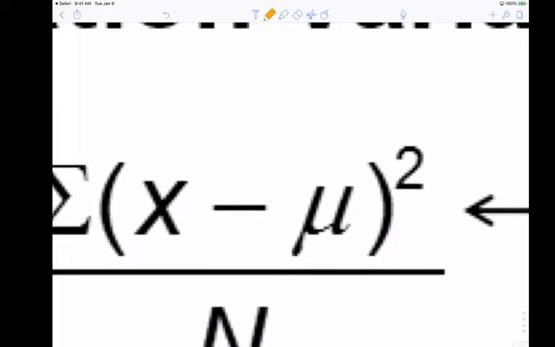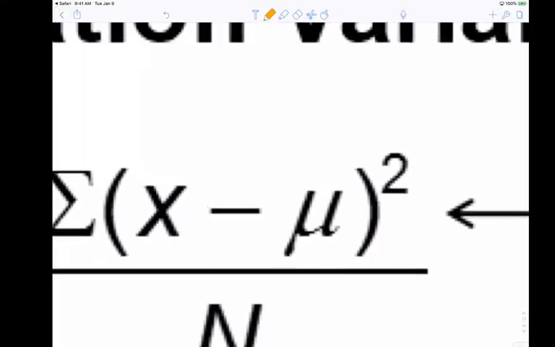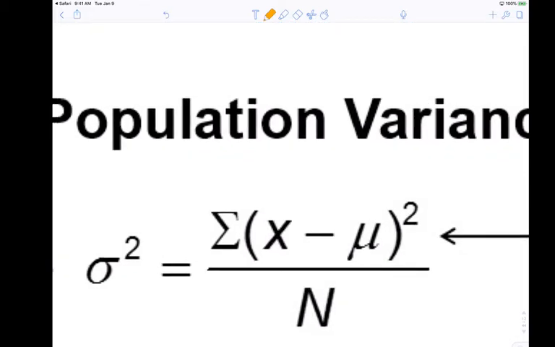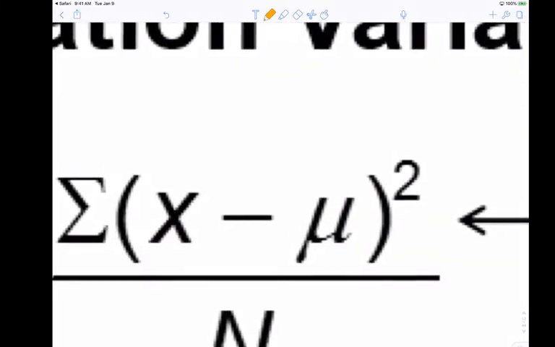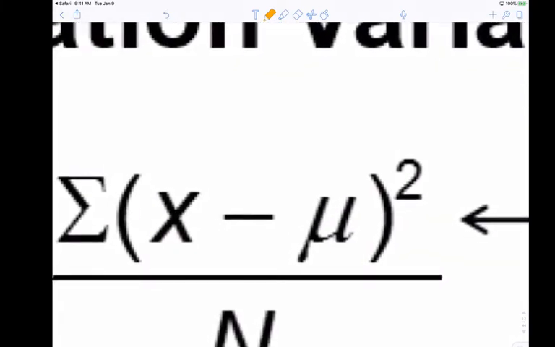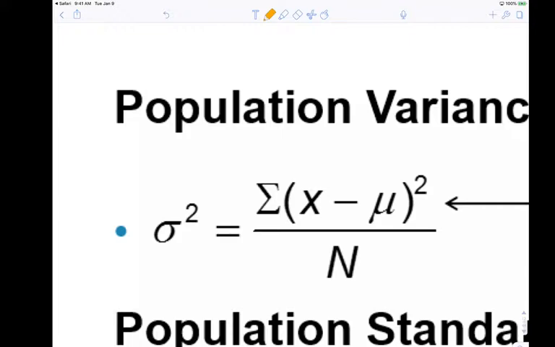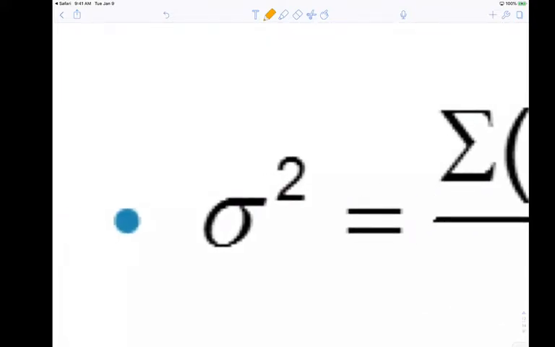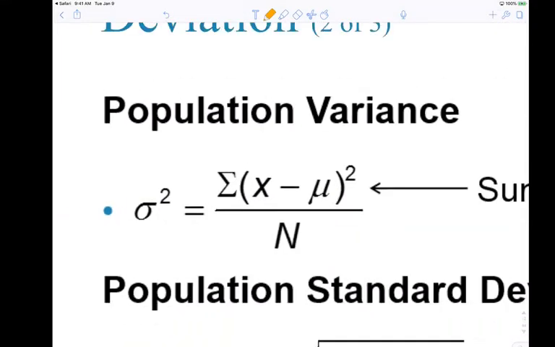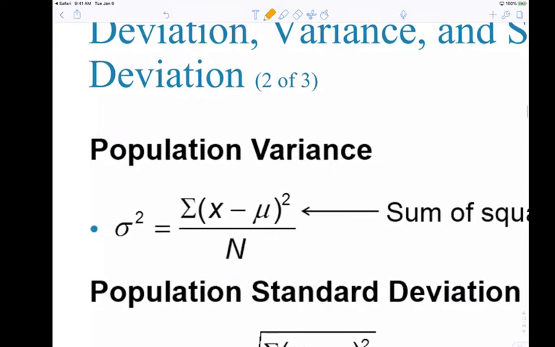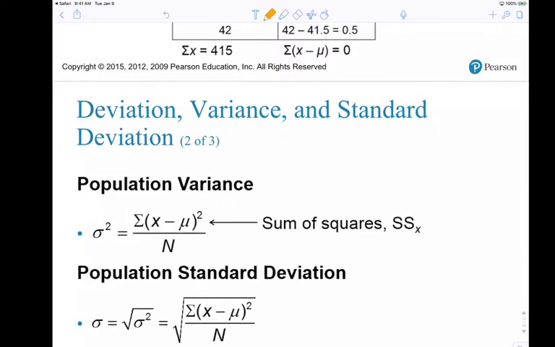That gives us the deviation. Then we square the deviation and divide by the number of entries. That's going to give us the variance, whose symbol is sigma squared. Sum of the squares, okay? Once we have the variance, to get the standard deviation, we just take the square root.